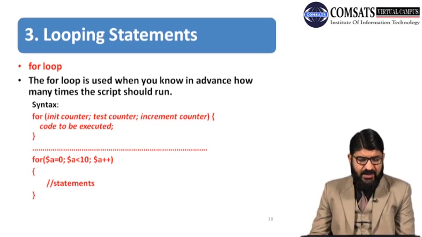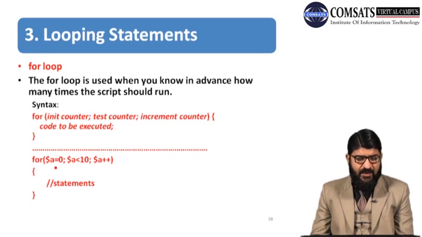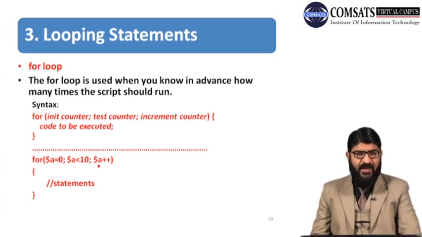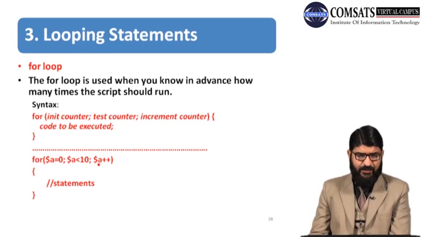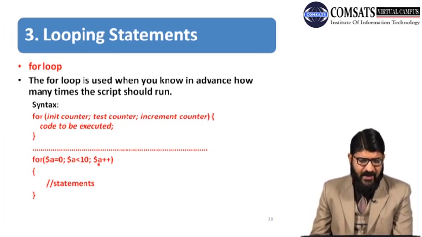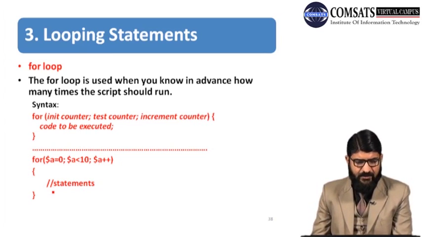Here you can see clearly: variable a equals 0, variable a is less than 10, and then variable a is incremented. And here you are going to mention the relevant statements.